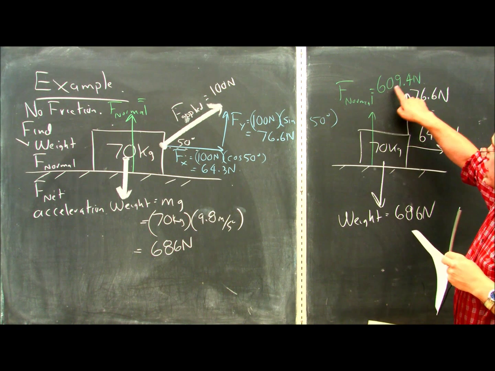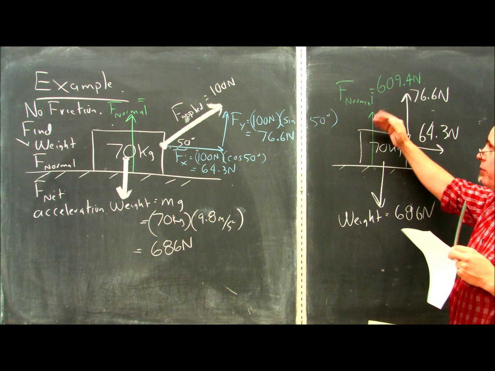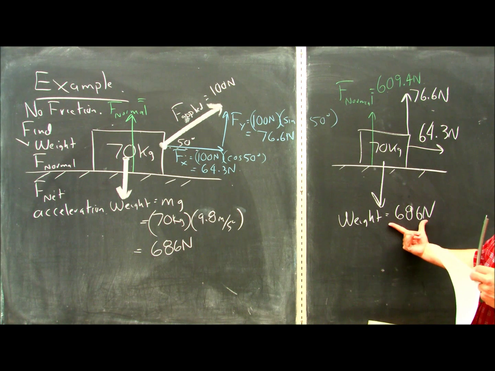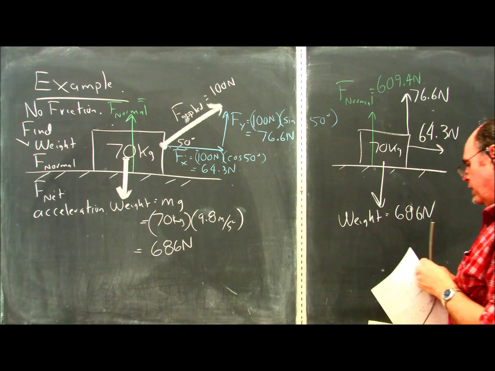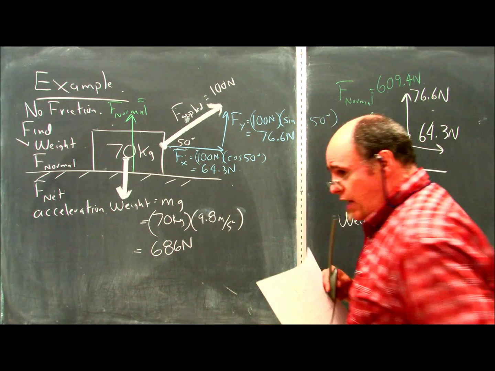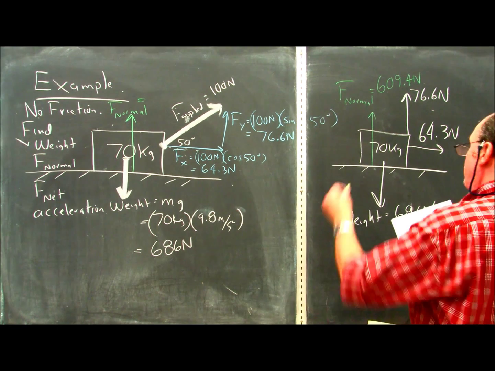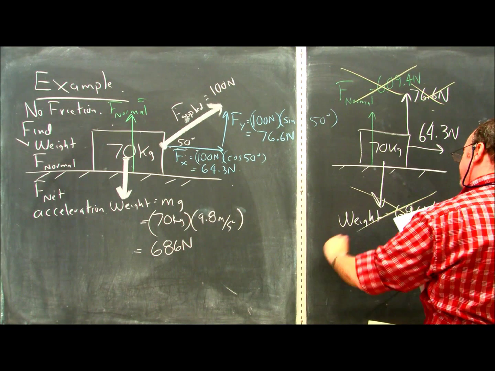You have 609.4 and you add it with 76.6. Both of those are going up, and they will equal the total force going down of 686 newtons. Okay. So because of that, all of the vertical forces cancel out. So these forces are no longer here. They've all canceled out.